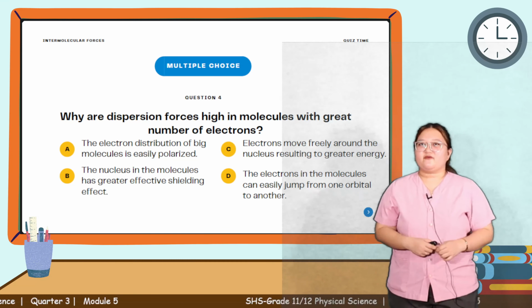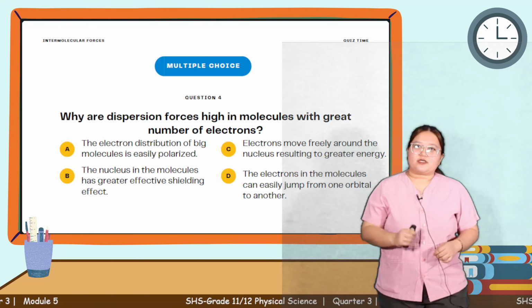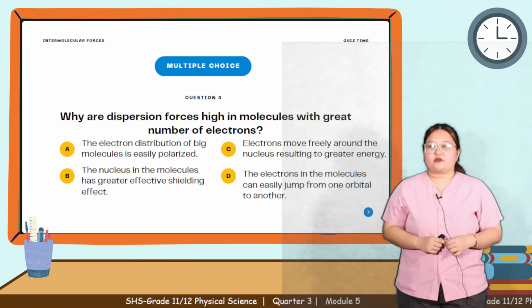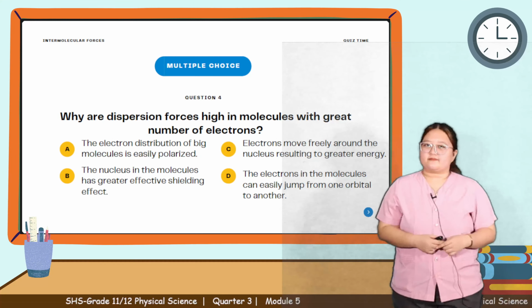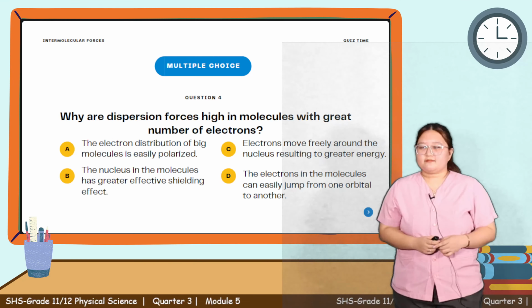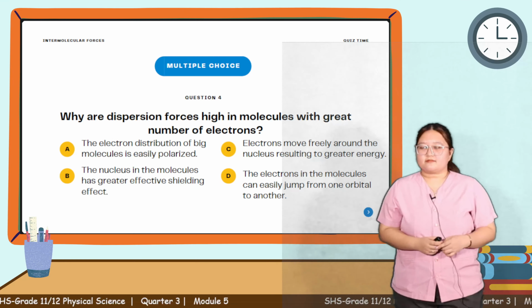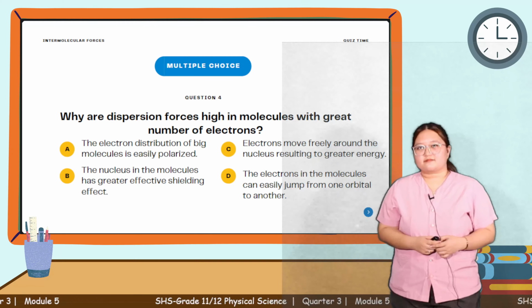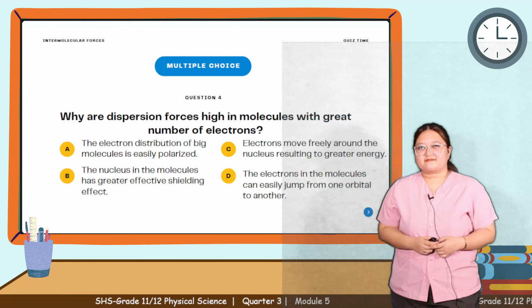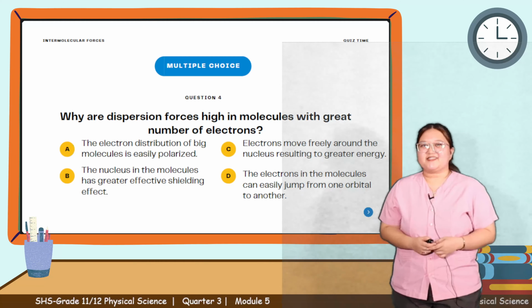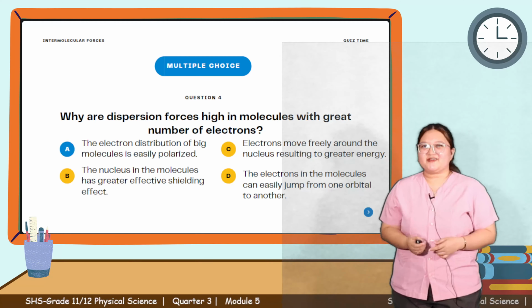Number 4, why are dispersion forces high in molecules with a great number of electrons? Excellent choice. That's because the electron distribution of big molecules is easily polarized.